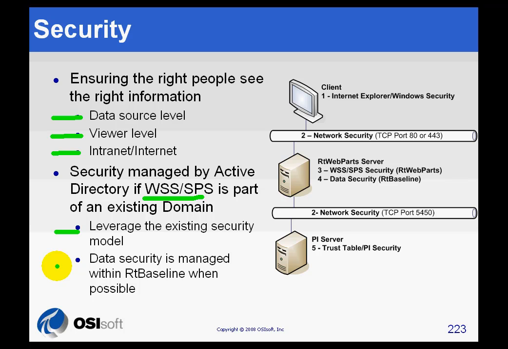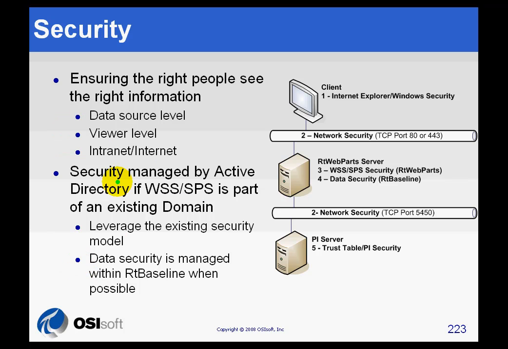So you will notice that as much as we can, we would like that security to be managed within RT Baseline, leveraging off of the users that are created in Active Directory. And we do that by using trusts that know how to recognize Windows users and associate them with certain Pi users. We'll talk a lot more about that later on.